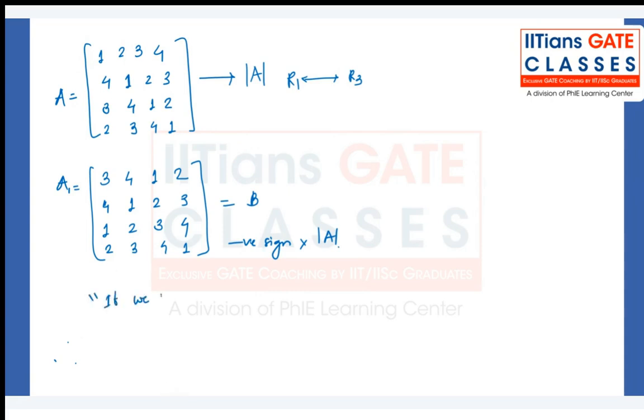We say that if we interchange two rows in a matrix, the sign of the determinant changes.